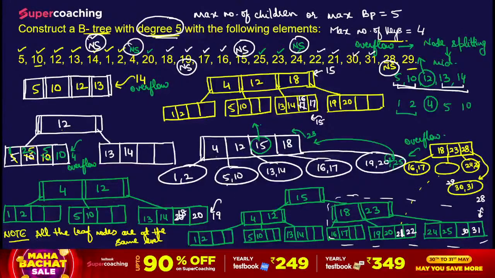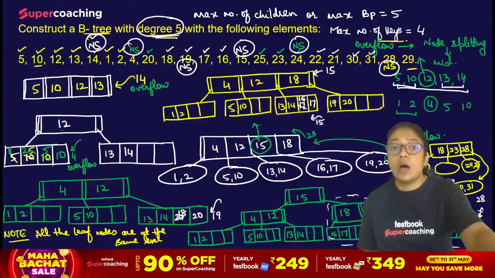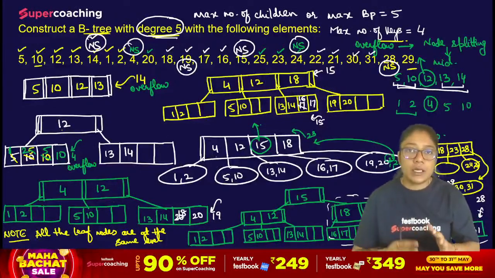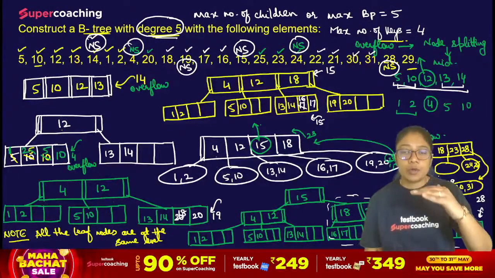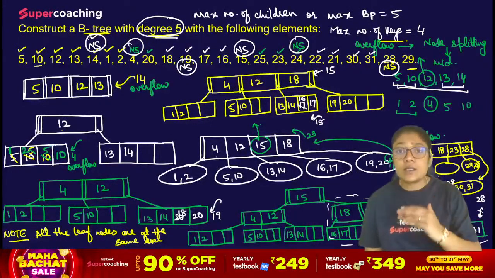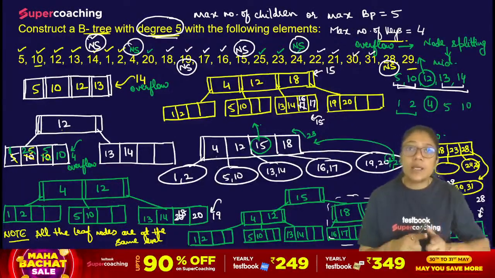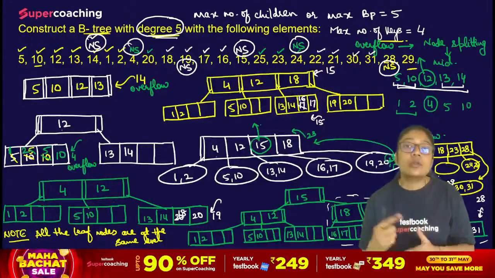Because whenever node splitting is taking place, it will result into more levels of a tree. Basically, this tree is representing the multi-levels of the index file. So if the number of levels of the tree is increasing, that means the number of levels of the index file is going to increase. And we know that the IO cost of accessing the data depends on the number of levels.